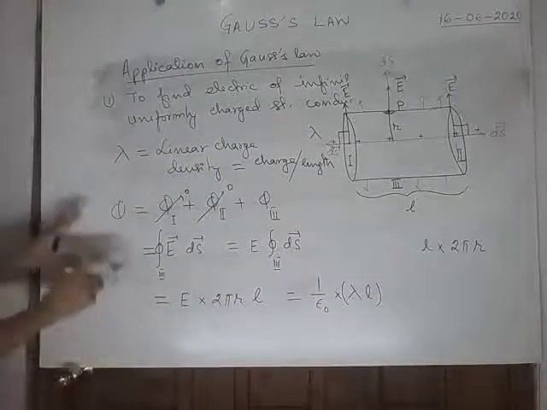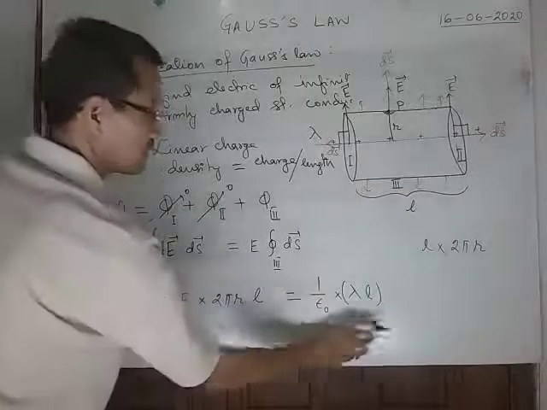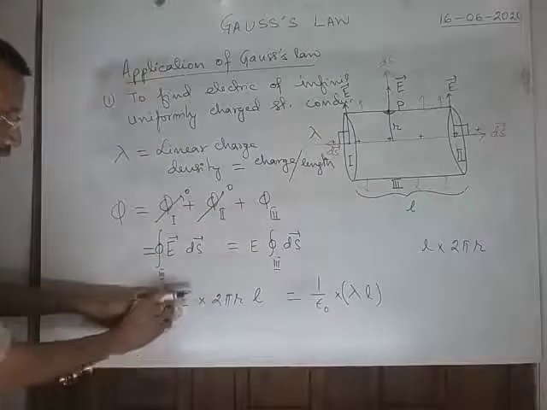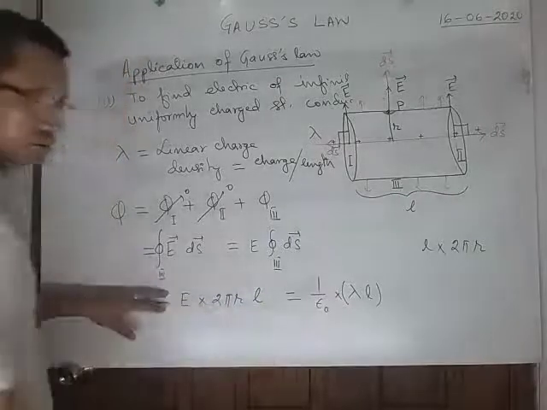So this is the total charge enclosed by the closed surface. Neglecting phi, we want to concentrate on this equation because we want to find the electric field E. So from this equation, what happened?